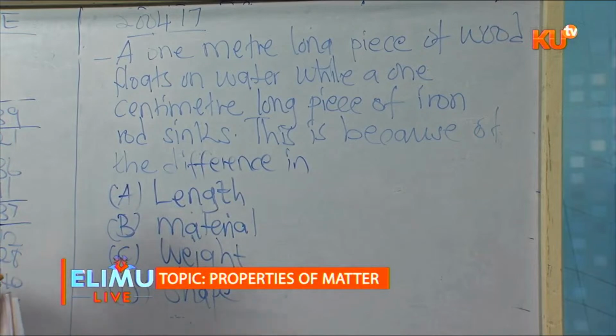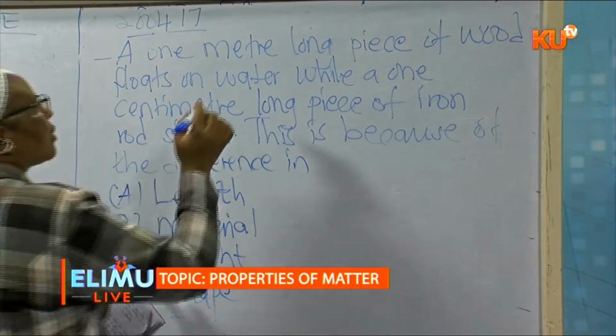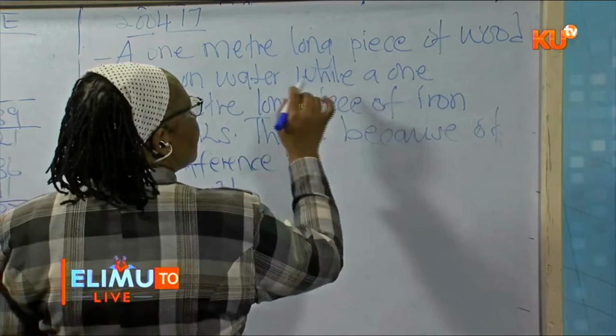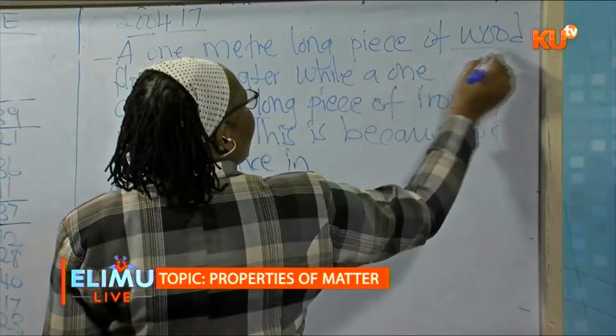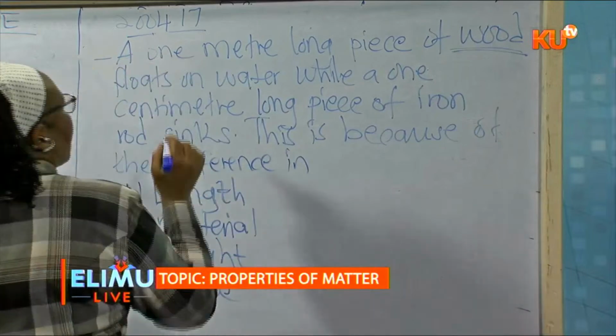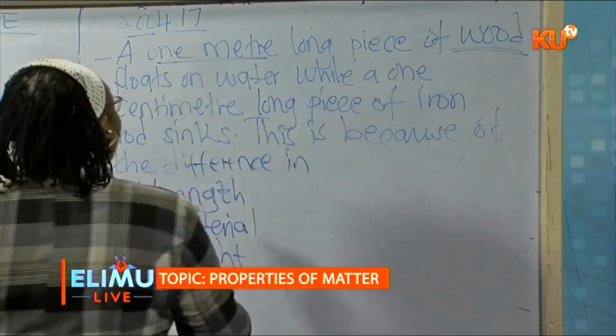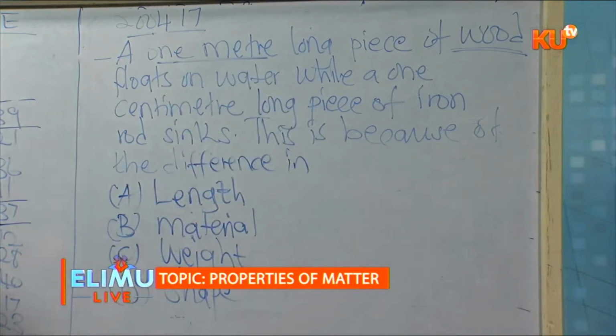So we have our question: on a 1 meter long piece of wood. The keywords here are wood and 1 meter, because it will give us a difference in the sizes.